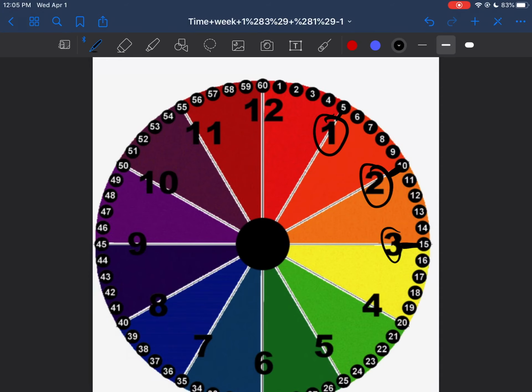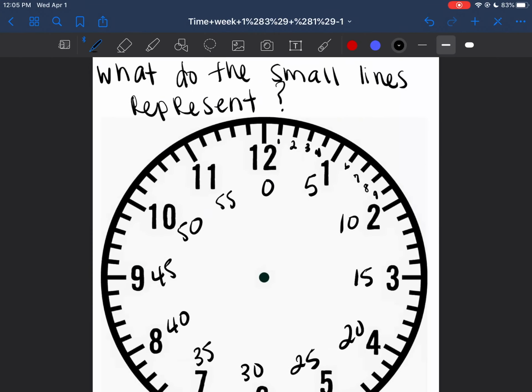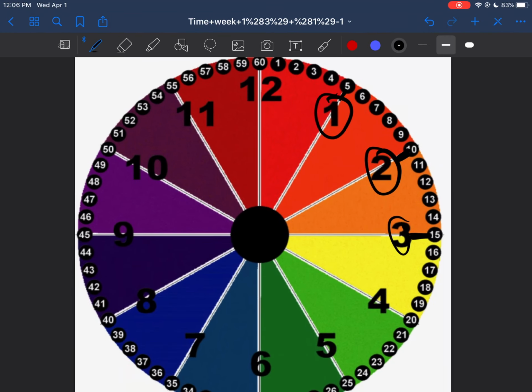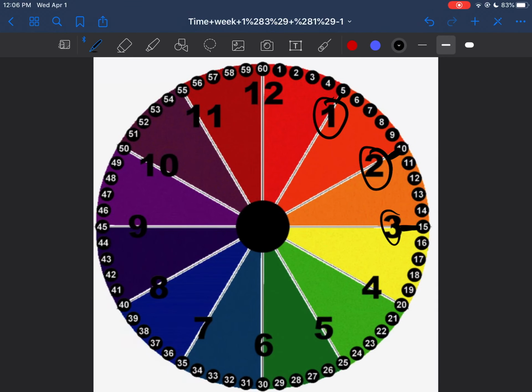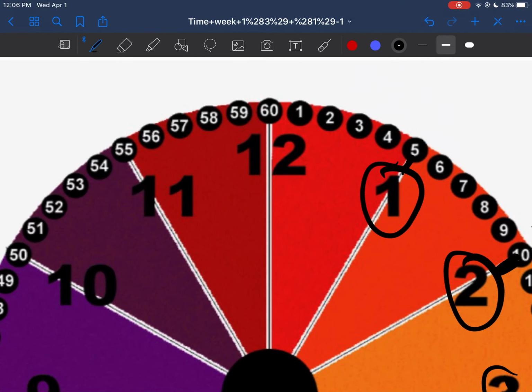And in between, each mark is worth 1 minute. So if we were to label this clock and go all the way around, like they've done in this clock, it's going to go 1, 2, 3, 4, 5, 6, 7, 8, 9, 10, all the way around until you get to 59, and then it's 60. But remember, when we're telling time, it starts back over at o'clock.